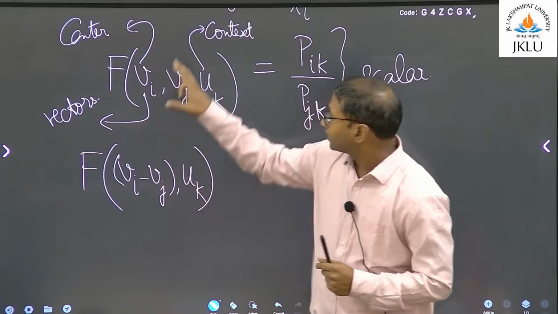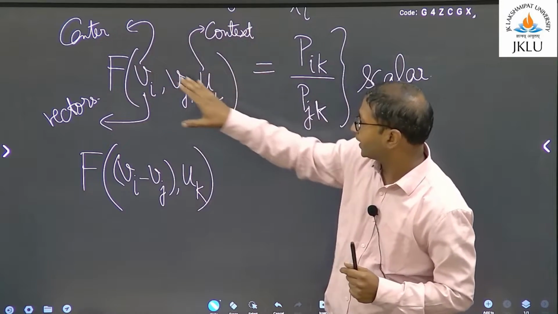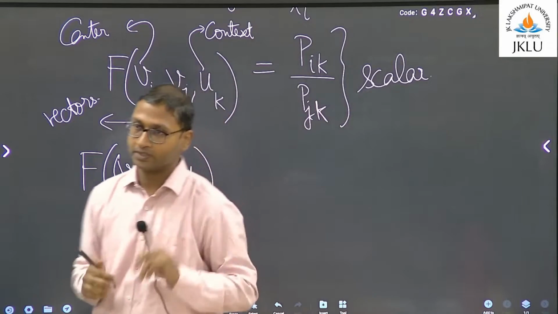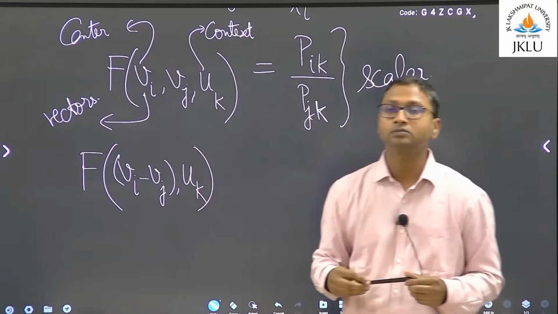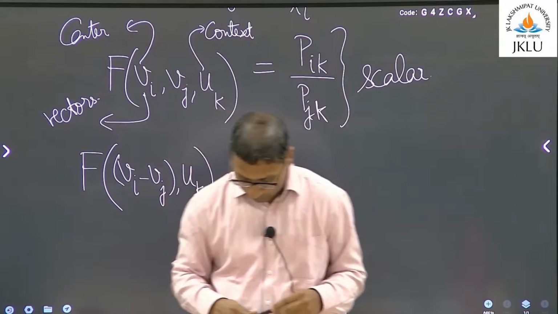So this particular function takes 3 arguments. Now we are saying we just want only 2 arguments. But why? Why do we want only 2?